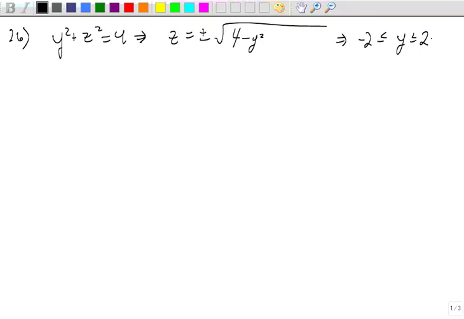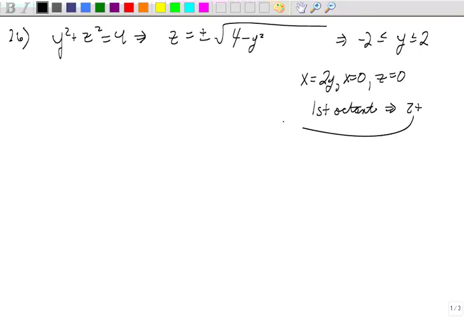And the other boundaries are x equals 2y, x equals 0, and z equals 0 in the first octant. So if it's in the first octant, z is positive, so we'll take the positive square root. So we're integrating the square root of 4 minus y squared.